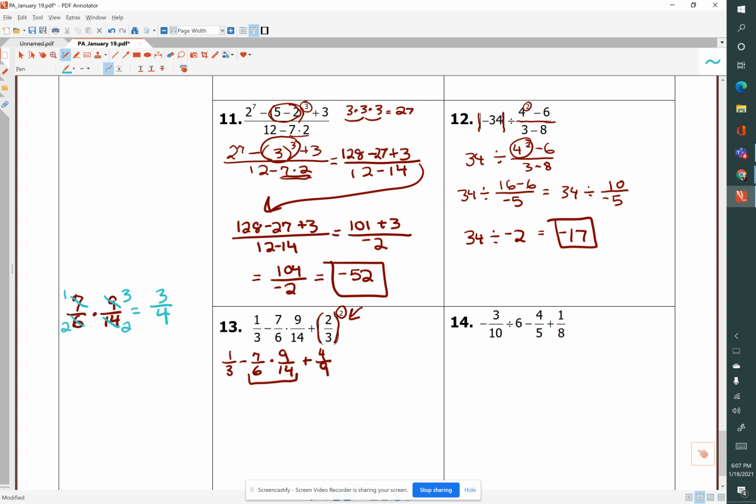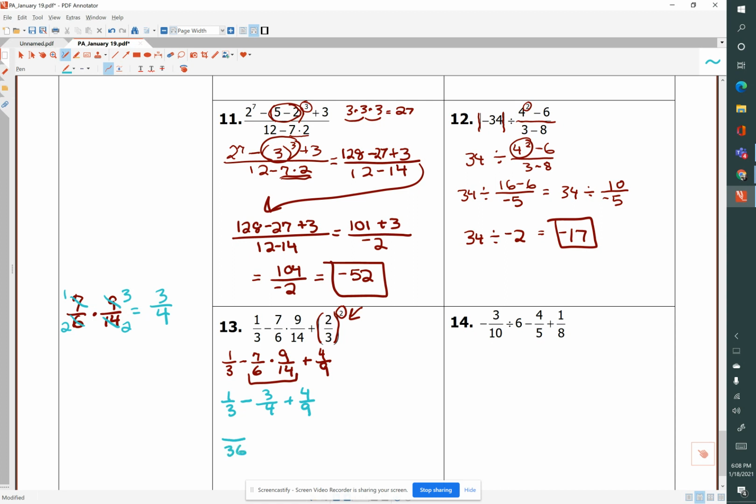So that would be, I'll rewrite it here, 1/3 minus 3/4 plus 4/9. So we need a common denominator, and the common denominator is going to be 36.